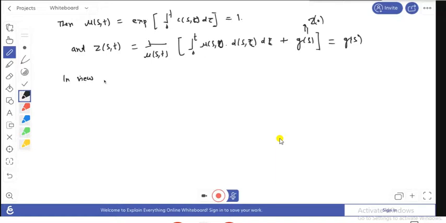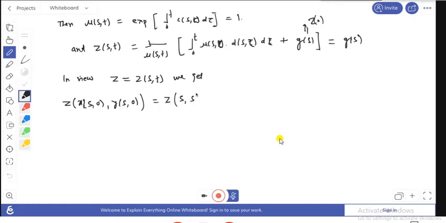Okay, so here in view we have z, which is function of s,t. So we get this z at, this is function of s, 0 and y at s, 0. Okay, this is basically Z of s, this is your initial condition, and this is x cube, and here we find this is g of s.